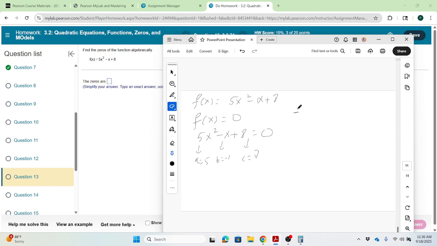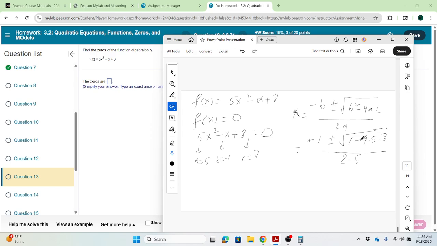So the formula is negative b plus or minus the square root of b squared minus 4ac, divided by 2a. Negative b is 1, since b is -1. So it's 1 plus or minus the square root of 1 minus 4 times 5 times 8, divided by 2 times a.